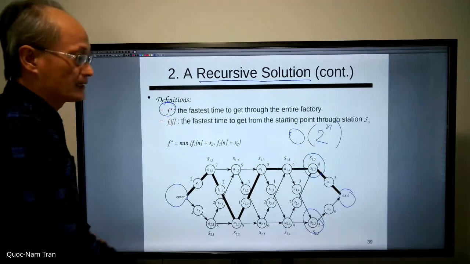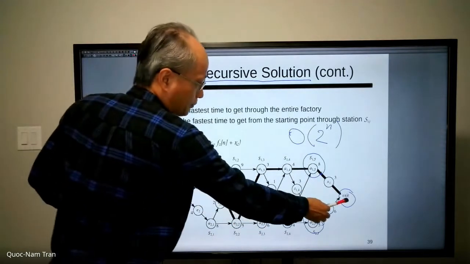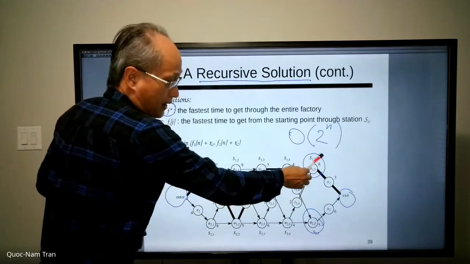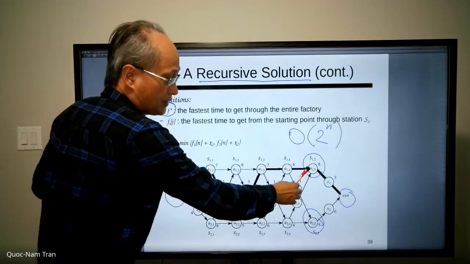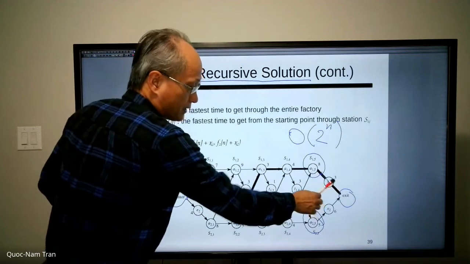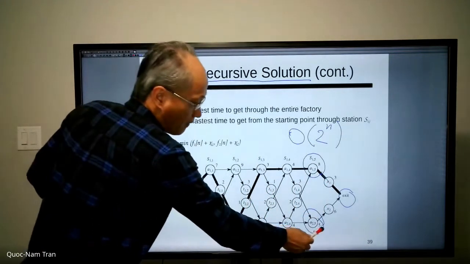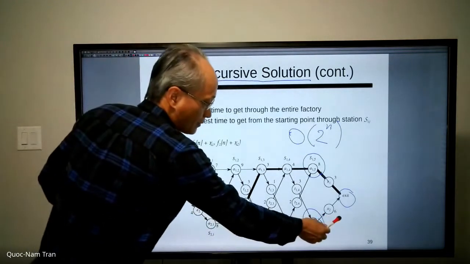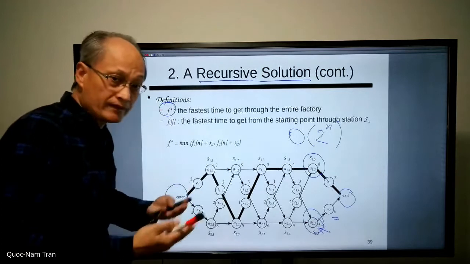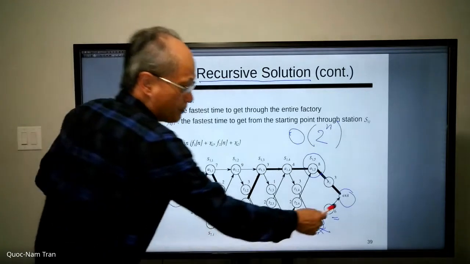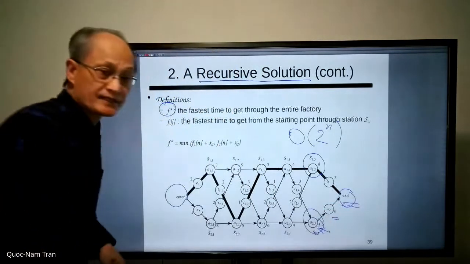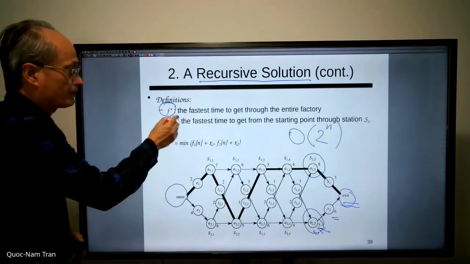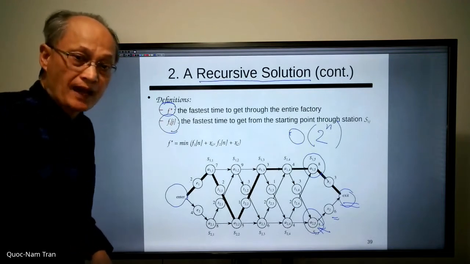So obviously, the shortest path to the exit point will be the shortest path of entering this last station plus the exiting cost, comparing with the cost for reaching this point plus the exiting point here, whichever is smaller will be the smallest value we need for the exiting point, right? So that said, we need to have a function Fij, right?